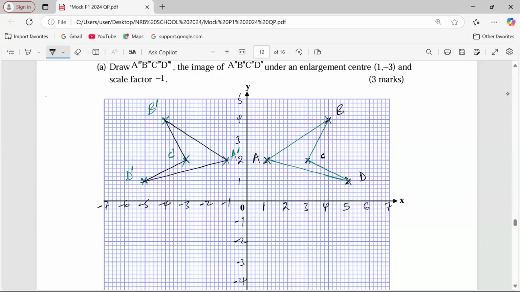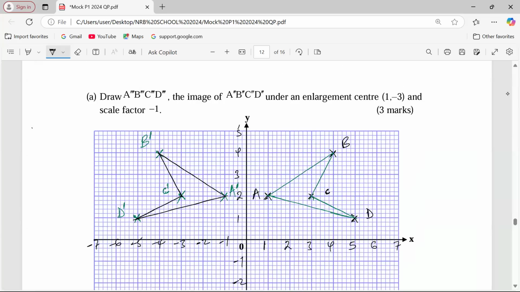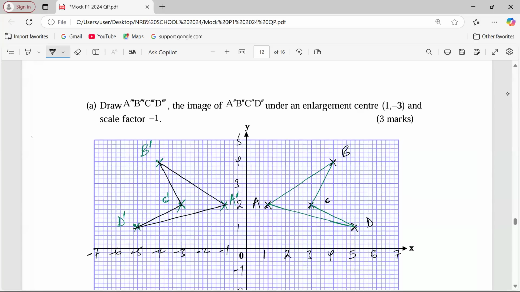So we now have the figure and its first image after a reflection along the Y-axis, which is also called the line X equals 0.